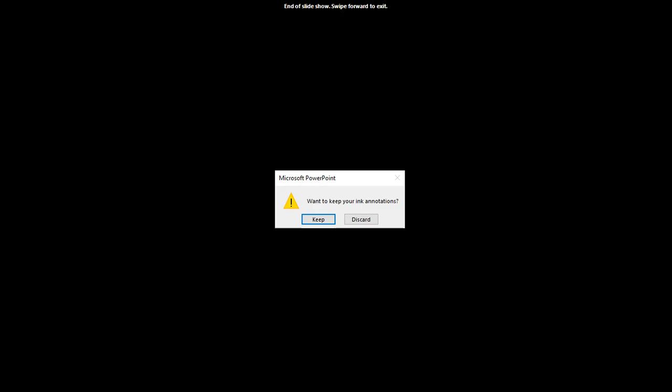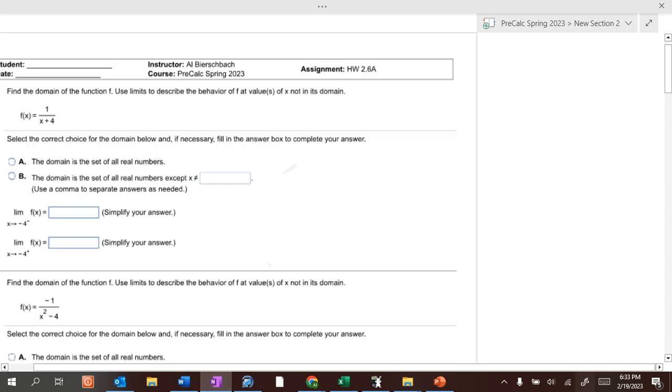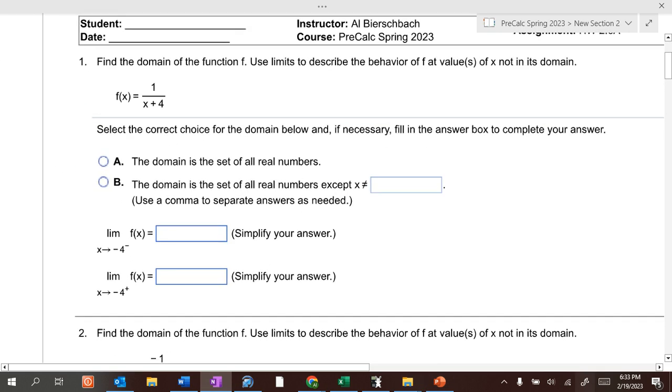So now, what will your homework look like? Here we go. So 1 over x plus 4. If you have a graph, 1 over x plus 4 gives me a vertical asymptote at -4. So the domain can be all real numbers except for -4, and the horizontal asymptote is at 0. Since it's not flipped around, it looks like this and it looks like this.